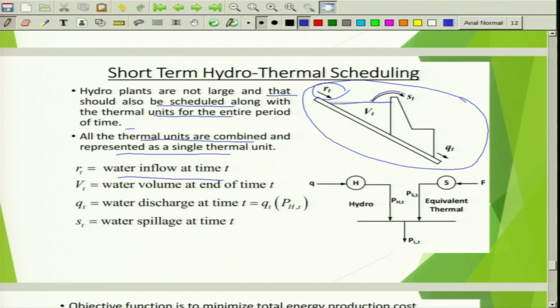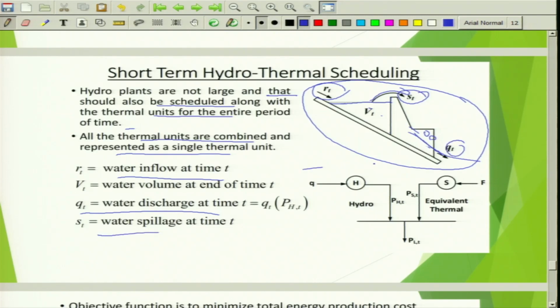And there is a water spillage also, considered as ST, which is wastage, and there is water discharge at time t through the penstock, and afterwards there is generation and there is a water outflow, that is QT.